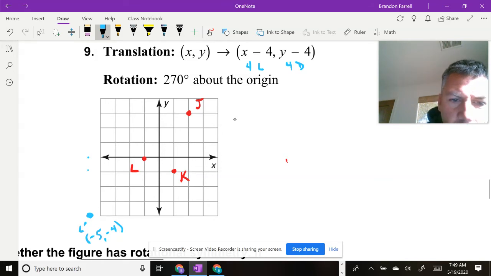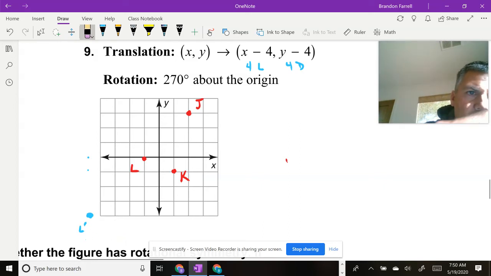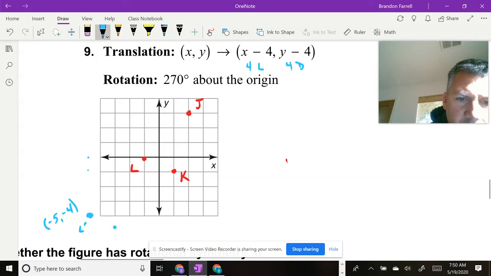K is going to be 1, 2, 3, 4, and -5, -4. So that bad boy is going to be right there. K prime, which is going to be -3, -5. And then J is going to be 1, 2, 3, 4. So this is going to be right there. That's going to be J prime.